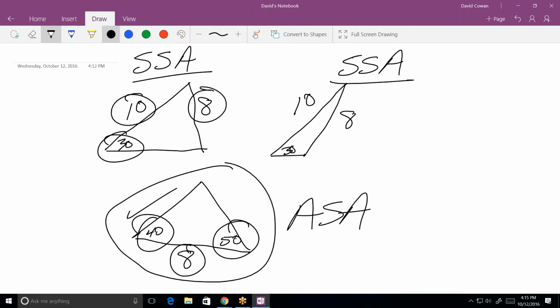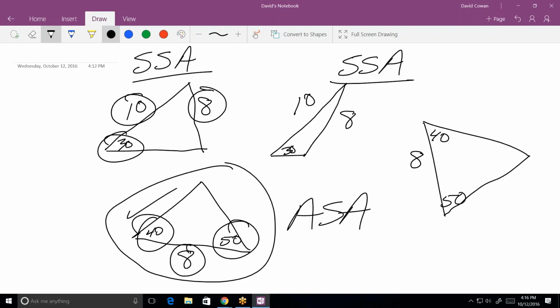In other words, if I draw another triangle over here and I rotate it a little bit and I move it up and move it over, it doesn't matter if that side's 8, that side's 40, and that side's 50. Are these two triangles congruent? Mm-hmm. Because of angle, side, angle.